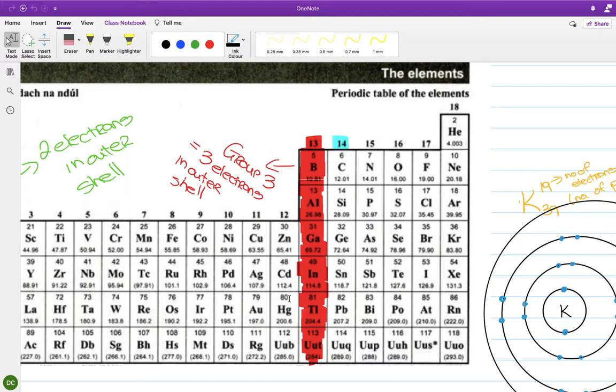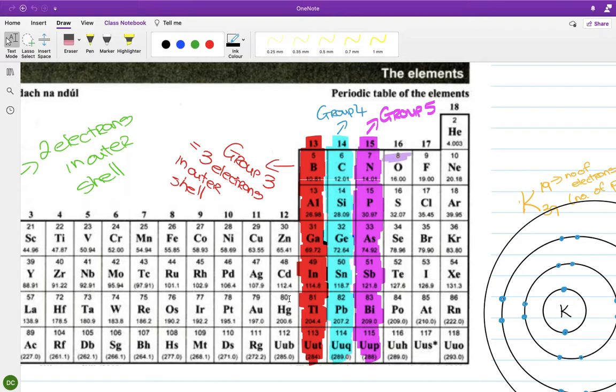Group 4 is here. That's group 4, and group 4 have 4 electrons in their outer shell. And this one here is group 5. Okay, and so on. Okay, I'll do one more.